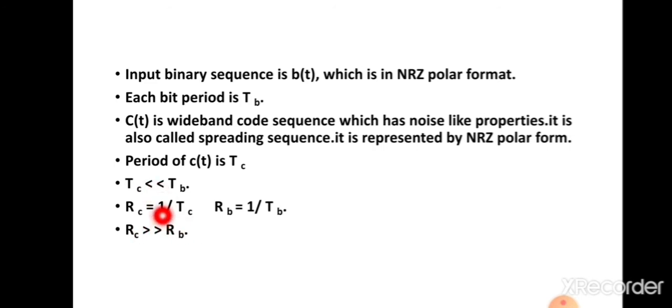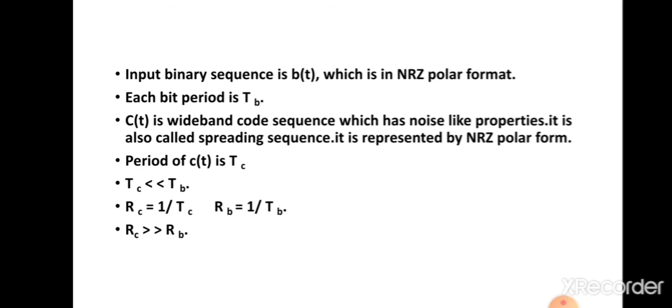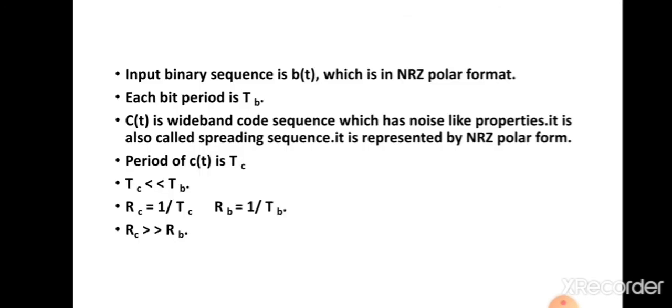That means whenever a pulse of the message signal comes, there will be more than one pulse of the PN sequence. Its frequency is higher compared to the original message sequence. Let us examine the power spectral density of the message signal and the PN sequence, that is C of t.